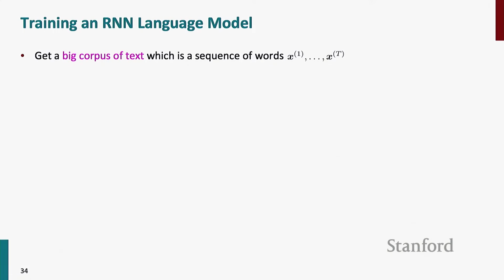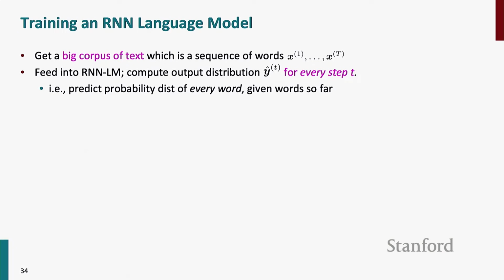Okay, so for training an RNN language model, the starting off point is we get a big corpus of text again, and then we're going to compute for each time step a prediction of the probability of next words.